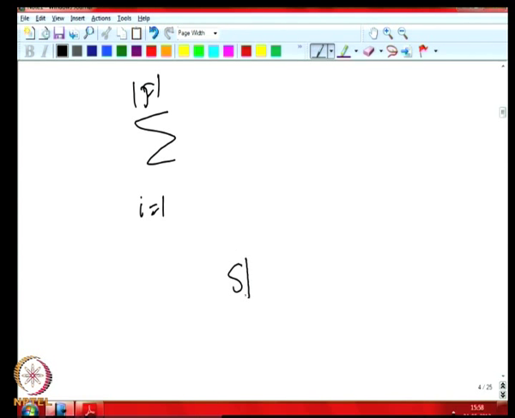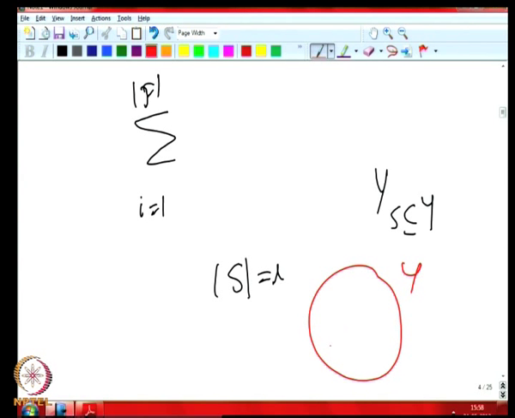So you give me an L element subset S. Now I want to know how many Y's are there such that Y contains S. I will draw a picture like this. Suppose this is a Y, so now S has to be here, but this is already L. Now this total Y is K, alright. So now the question is we want to decide the remaining elements, namely K minus L elements of Y. In how many ways can I decide it, because these L things are already decided because that is exactly S, you fix it, right.